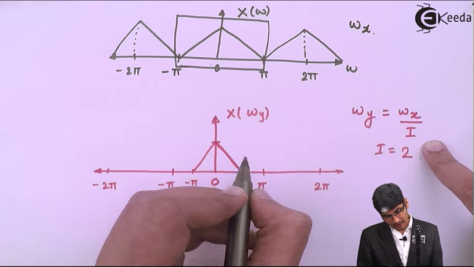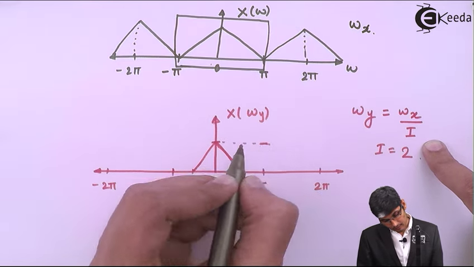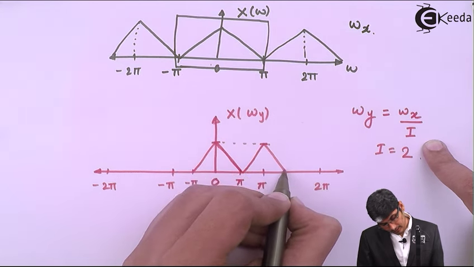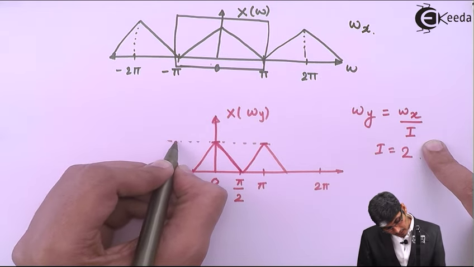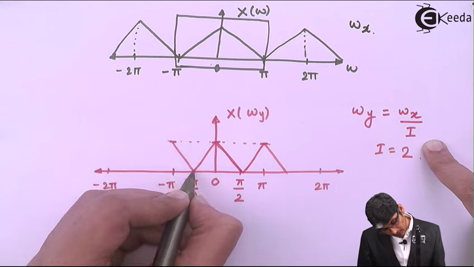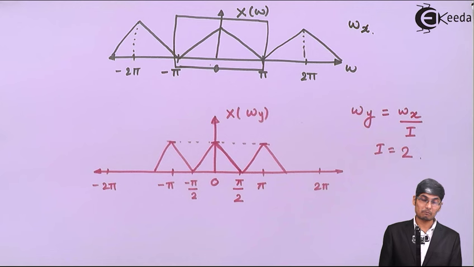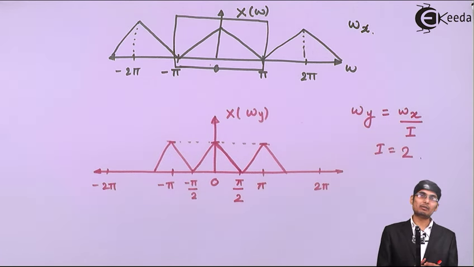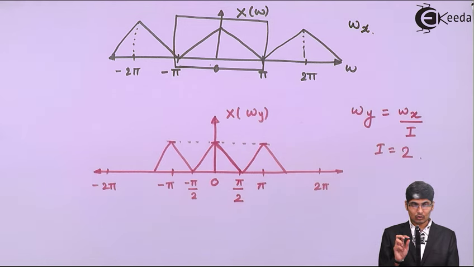So now this factor will come back over here and it will go like this, correct? Whatever was happening at 2 pi previously has happened at pi. So by increasing the sampling rate, the frequency domain characteristics of the signal are compressed.